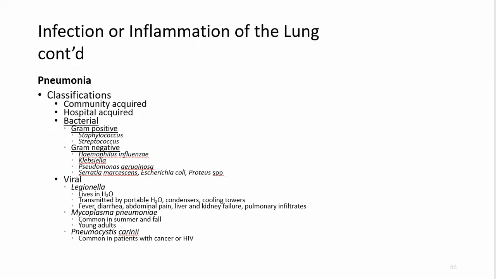We classify pneumonia as hospital-acquired or community-acquired. And that's interesting because it happens enough in hospital that it requires its own separate thing. And that's because there's sick people in hospitals.